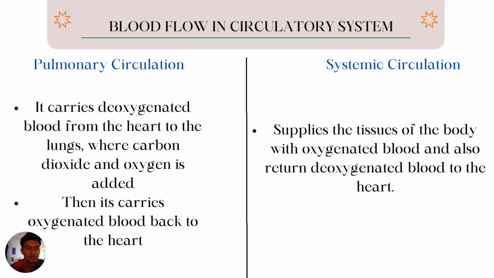For the pulmonary circulation, it carries the deoxygenated blood from the heart to the lungs, where carbon dioxide is removed and oxygen is added. Then it carries oxygenated blood back to the heart. And for the systemic circulation, it supplies the tissues of the body with oxygenated blood and also returns the deoxygenated blood to the heart.